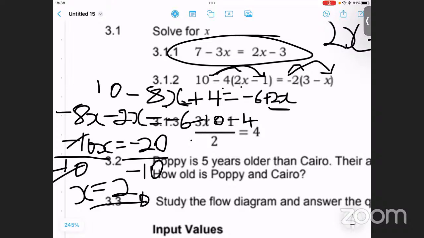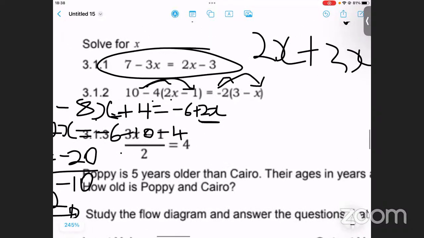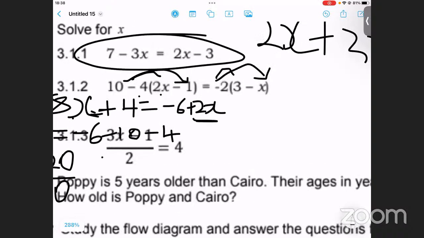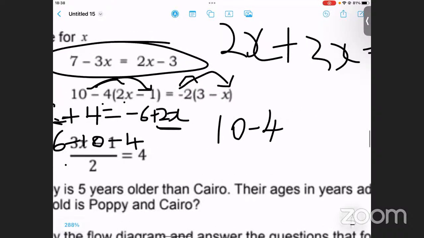So to prove if your answer is correct, this is what you're going to do on your calculator. To ensure that you are saying the correct thing, you're going to say 10 minus 4 multiplied by 2 minus 1.